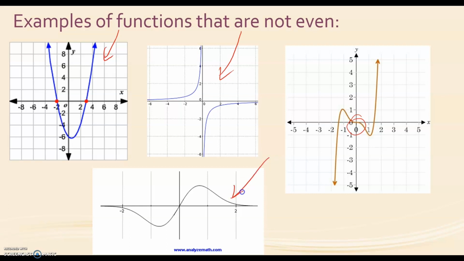And this function, we don't know what it is, but it's already been said that it's not an even function. Now, what's the difference between these functions and the previous ones we saw? If you look at all these functions, they do not display the type of symmetry we were talking about on the previous slide, where all 4 functions are symmetrical about the y-axis. In these 4 graphs, none of them are symmetrical about the y-axis.